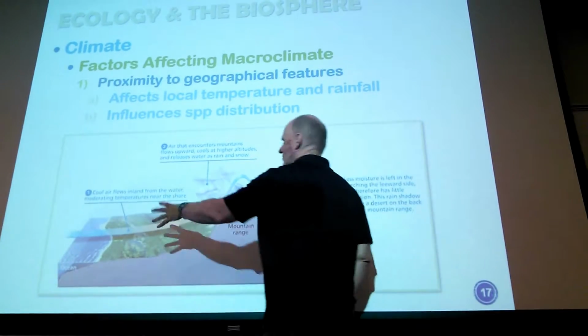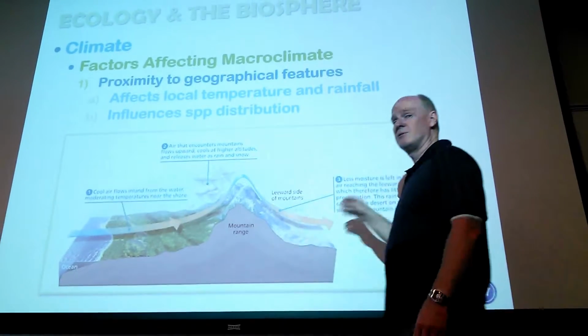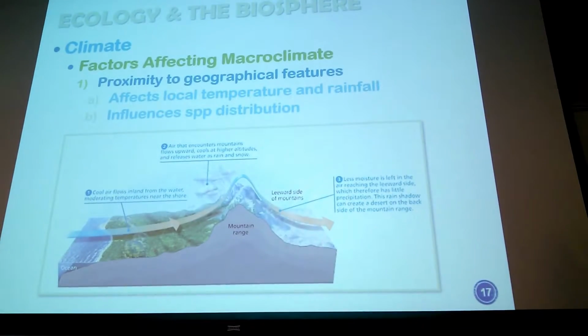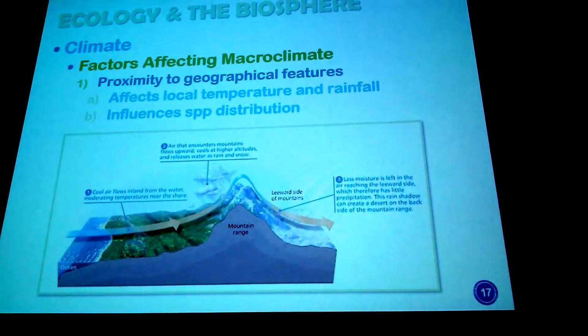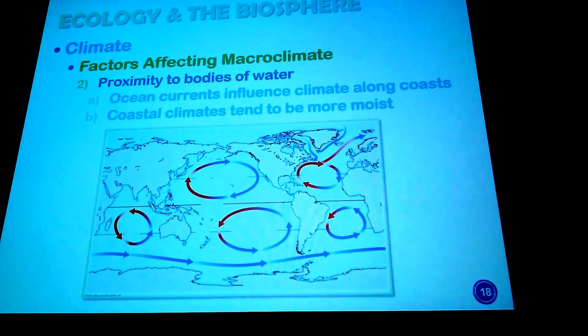Yes, you could have coyotes over here and you could have coyotes over here, but they have to develop behaviors to allow them to exist in two different habitats because of the amount of rainfall or lack thereof, and because of the different types of food they can exploit and eat. So, proximity to geographical features affects local temperature and rainfall, and influences species distribution.